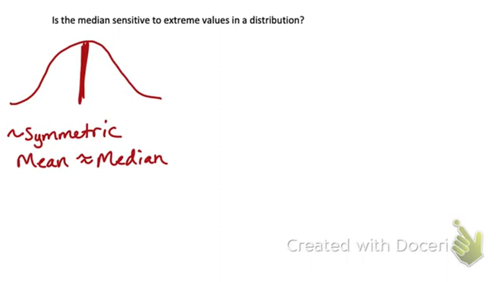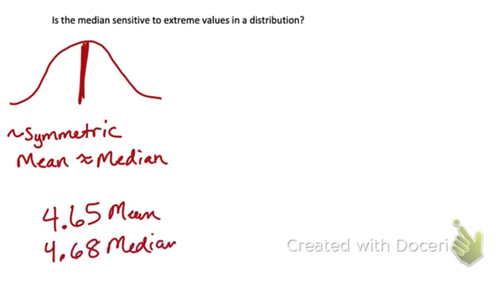So if I were to show you, like, I don't know, 4.65 for the mean and like 4.68 for the median, would you guys agree those are fairly close to the same numbers? Yeah, so those would be pretty symmetric. All right, left skewed.